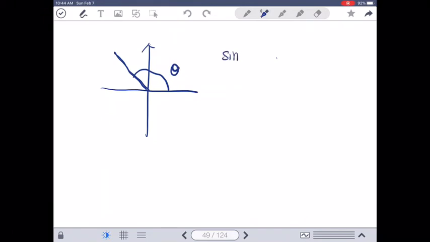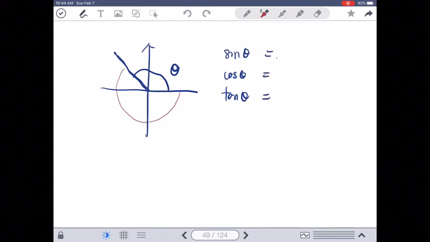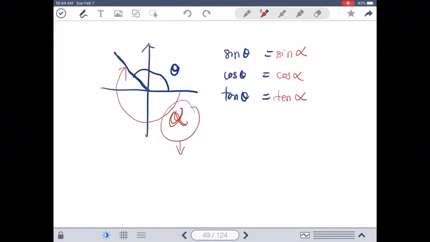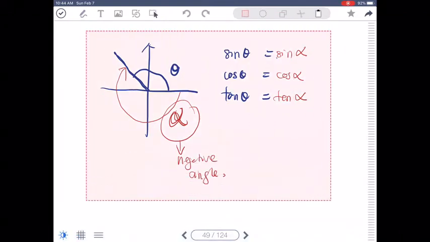So sine theta, cos theta, tan theta is just equals to sine lambda, cos lambda, tan lambda, such that lambda is a negative angle.